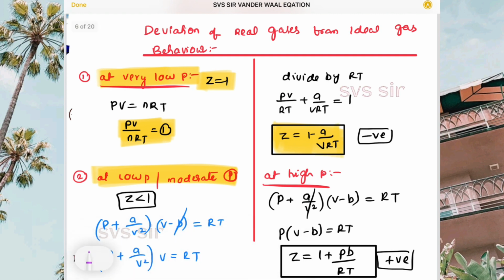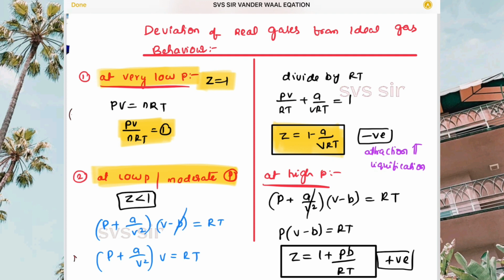Negative deviation meaning is very important. Negative deviation means attractions will increase. Attractions increasing means liquefaction is easy. Liquefaction is easy, so easily we can compress.